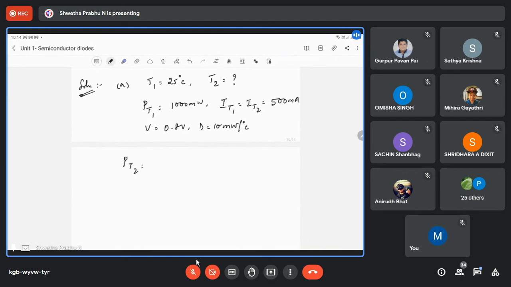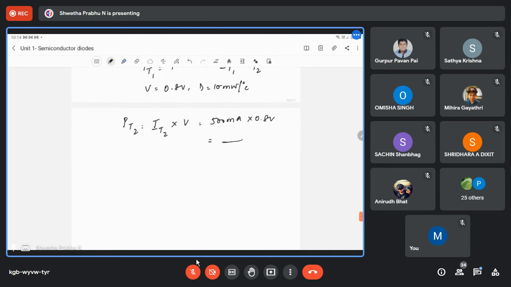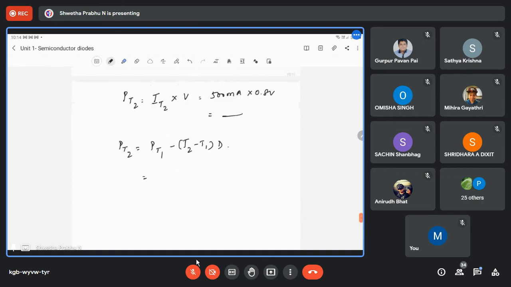You have current and voltage values. PT2 equals IT2 multiplied by V, that is 500 milliamperes multiplied by 0.8 volts. How much will you get for the PT2 value? And then you substitute in this equation. Using this relation, find T2. Get me these answers quickly.